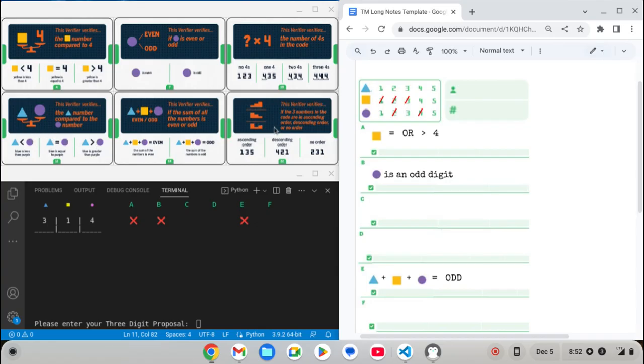And a similar argument can be made if the 3-digit code is descending, meaning that triangle is larger and from square to circle it gets smaller. In that scenario, we would know that triangle should be greater than circle, again making this criteria card irrelevant.